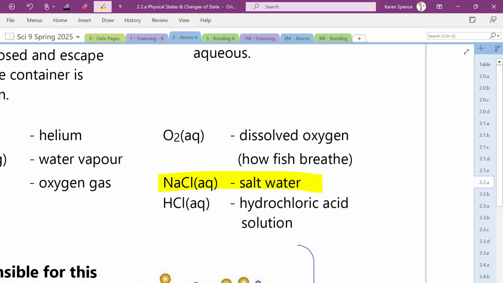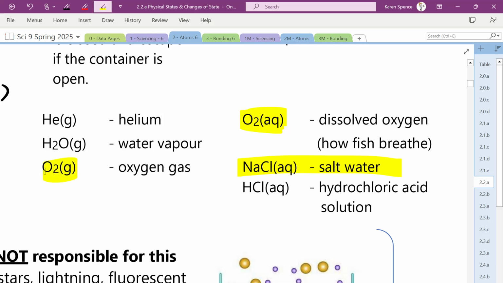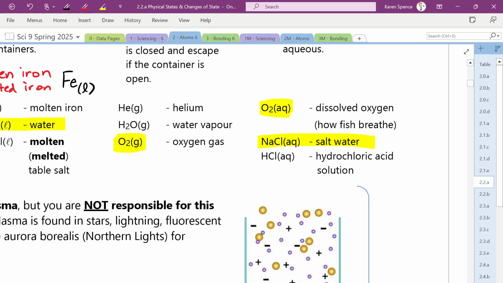And so we have O2. For the fish, it's aqueous. For us, when we're breathing, O2 is a gas. And then we have HCl, which is hydrochloric acid, which we will be playing with a little bit later on in this class.